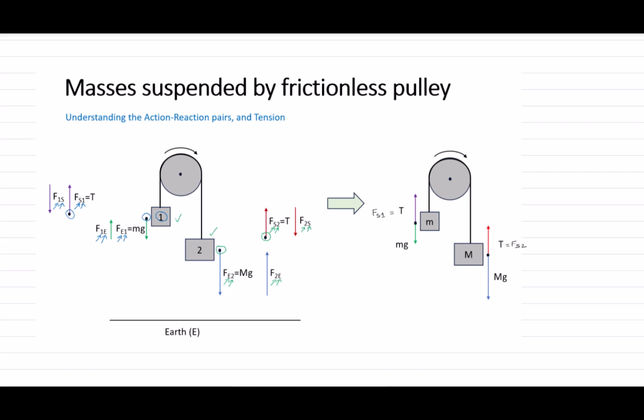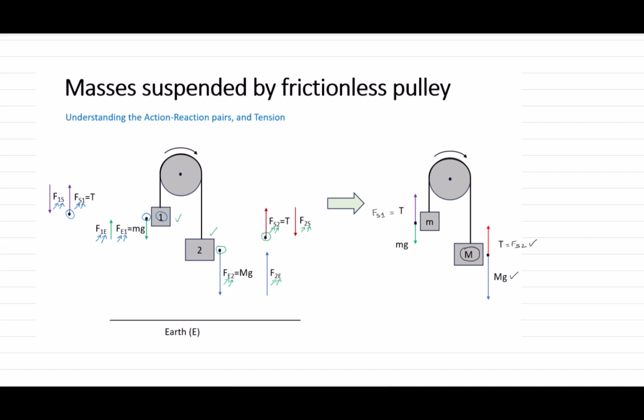Now, if we focus specifically on the forces acting on objects 1 and 2, the free body diagram respectively looks like this. For object 2, in the downward direction, we have the weight, the force of mg, which will be higher than the upward force acting on it, represented by tension T, which is actually the force FS2.